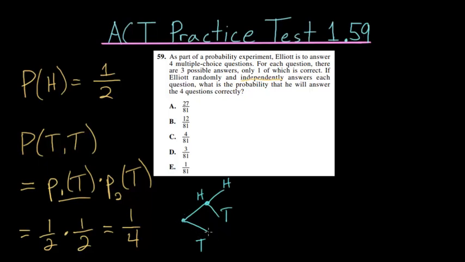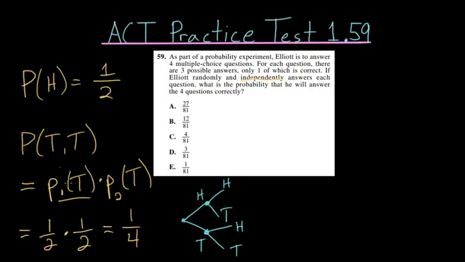If you got tails the first flip, there are also 2 choices: heads or tails. So there are in total only 4 choices: heads heads, heads tails, tails heads, or tails tails. Getting tails and tails again is just one of those, so there's only 1 chance out of our 4 choices.